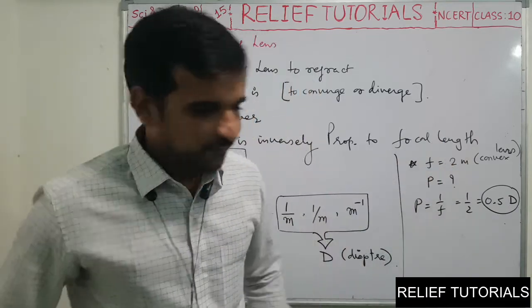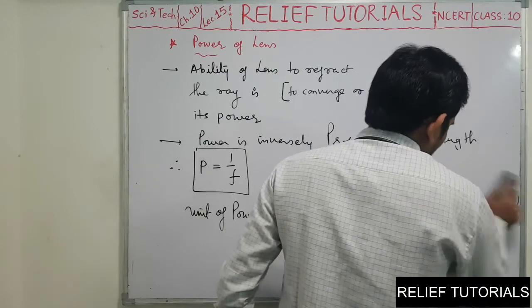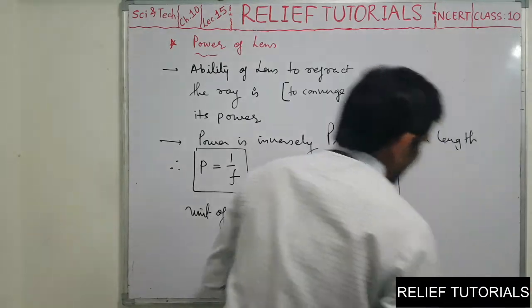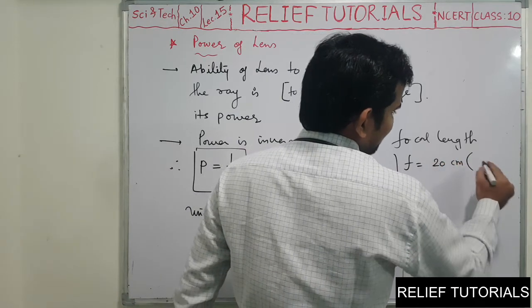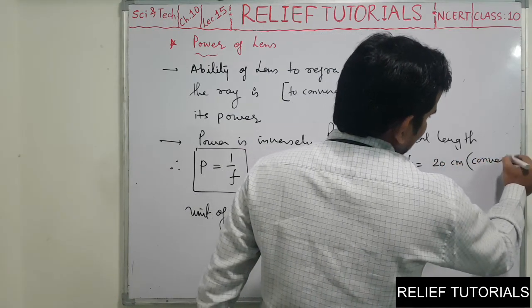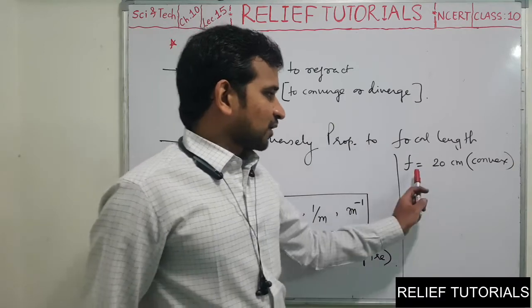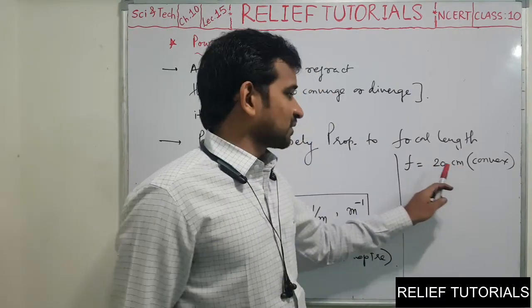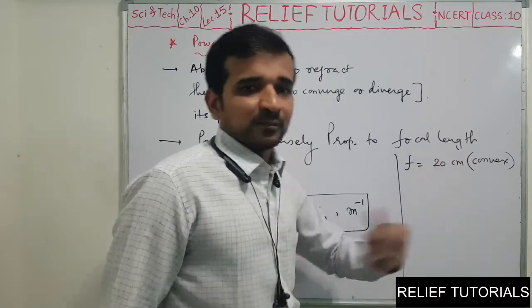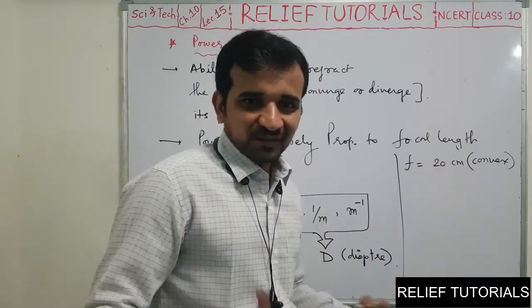Be careful if the sum is like this. Consider I have one more convex lens, with a focal length of 20 centimeter. Focal length is given in centimeter, so first you have to convert this centimeter into meter. Don't start the sum directly.